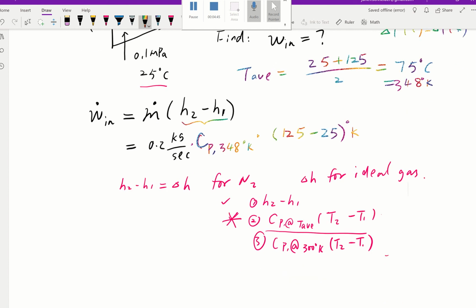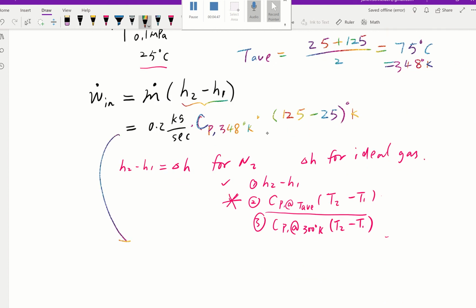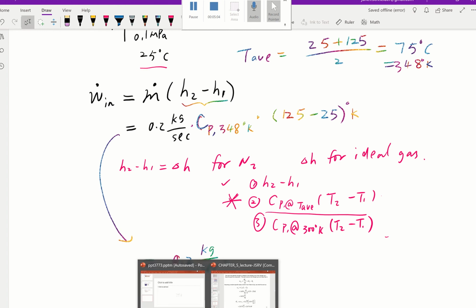Knowing that, we can go ahead and solve for our power. It's 0.2 kilogram per second, that's our mass flow rate, times our CP at 348. So where do we get that information? 348 is pretty close to 300, right?